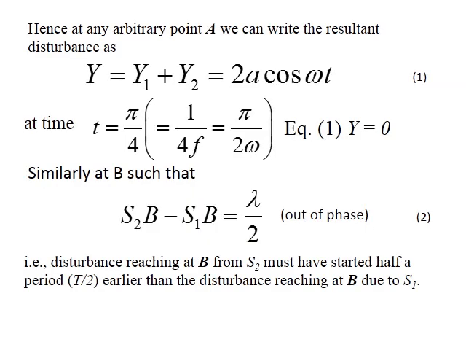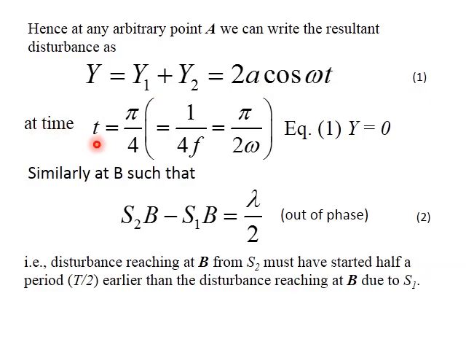Now at any arbitrary point A, we can write the resultant disturbance as Y equals Y1 plus Y2. From the previous slides, this gave us 2A cos omega t. You can just assume this for now.